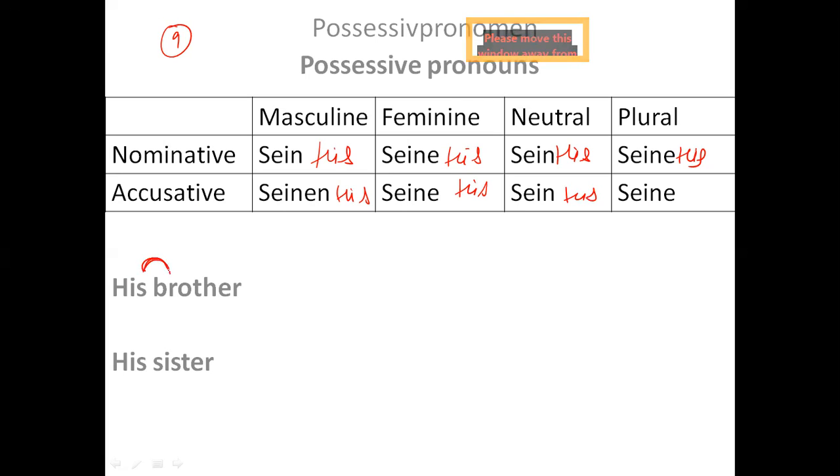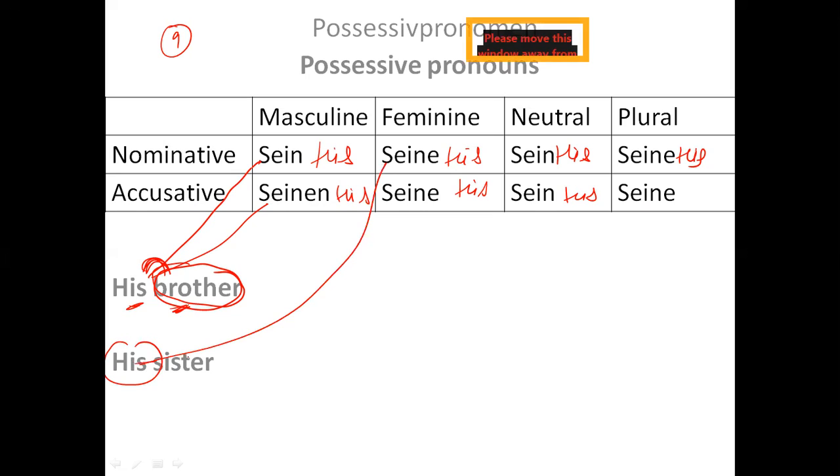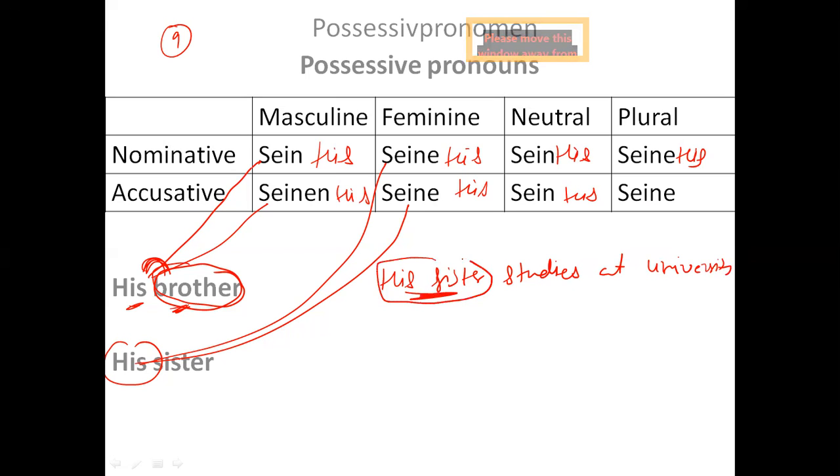If I say his brother, I'm talking about masculine, right? His brother. It can be sein, it can be seinen. If I say his sister, it can be seine or it can be seine. For example, if I say his sister studies at university, so his sister, this is subject, who studies at the university.